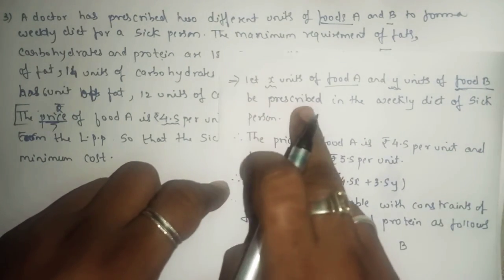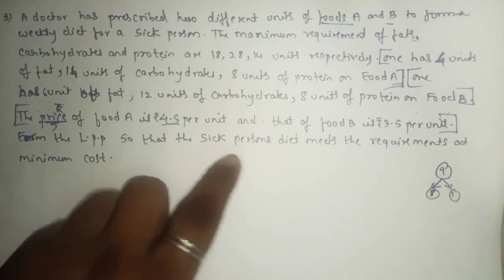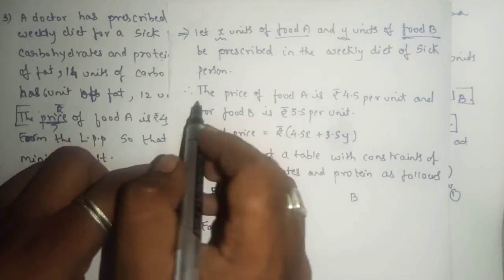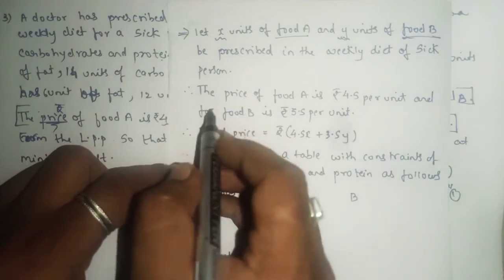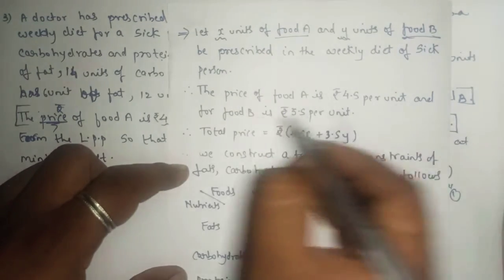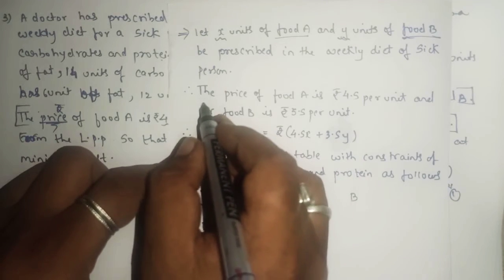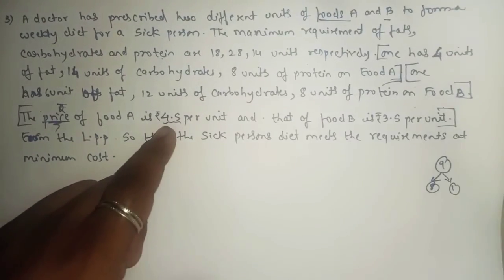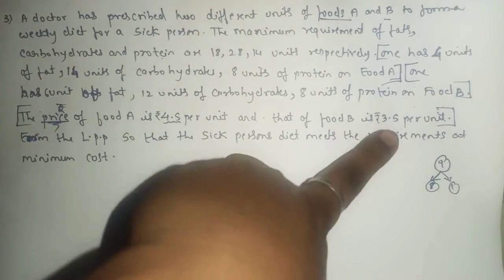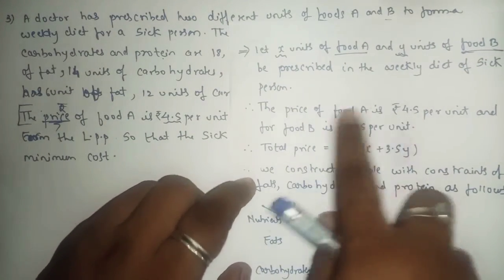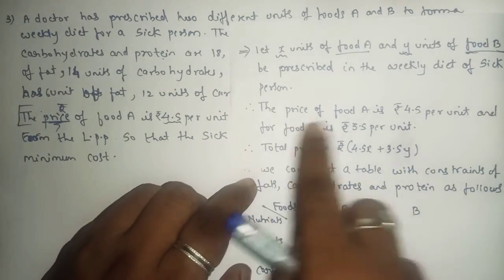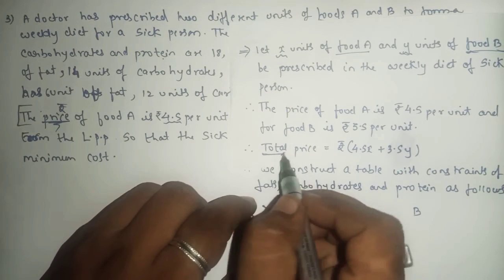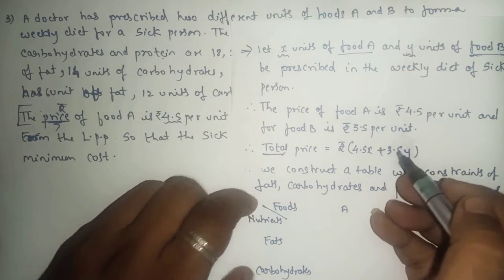be prescribed in the weekly diet of the sick person, as mentioned in the question. Then from that section you will get the idea about how to frame the value of Z. The price of food A is rupees 4.5 and food B is 3.5. Total means you will add both the numbers, so plus will come, not minus.